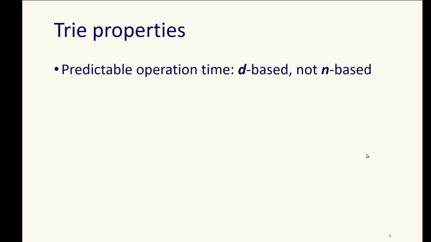So the properties of the trie are that we get really predictable operation time if we know the length of the longest possible key that we're going to store. We know the maximum lookup that will be required, down to the number of characters in that longest key. So it's based on this d, the length of keys, not n. It doesn't matter how many strings you store in that trie.